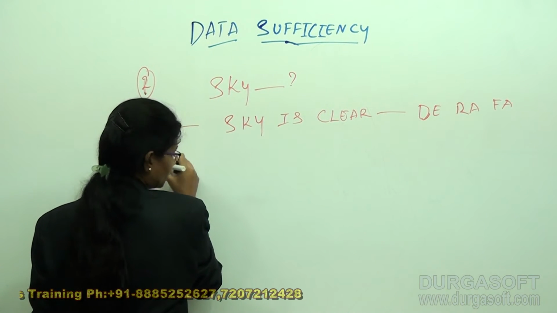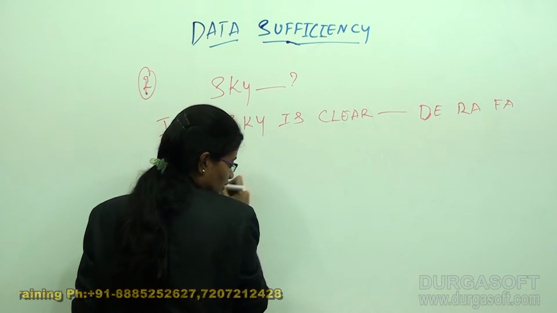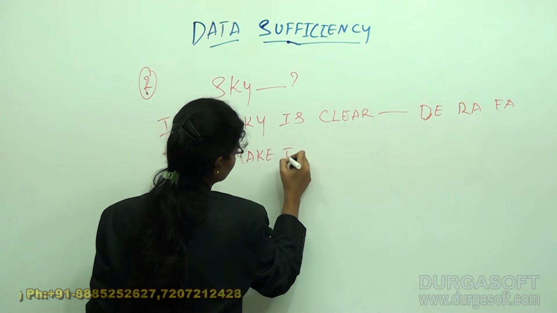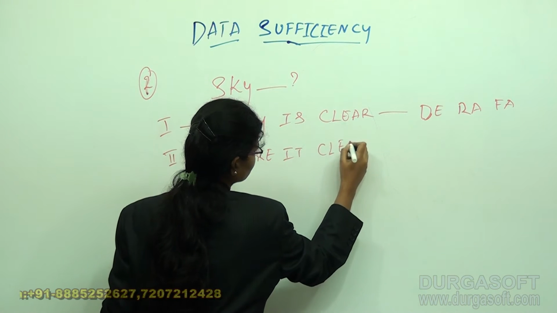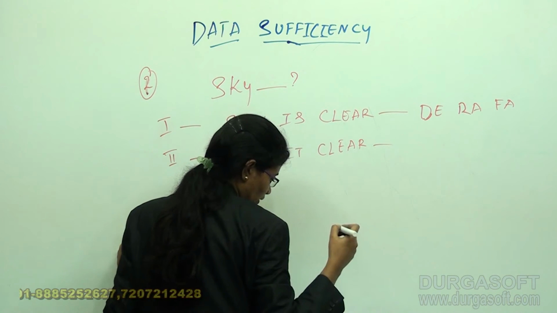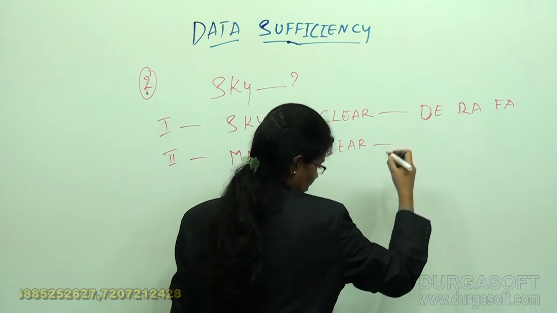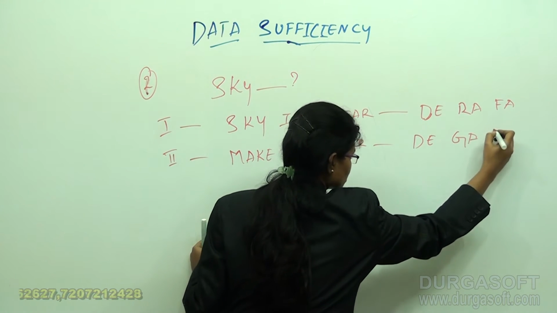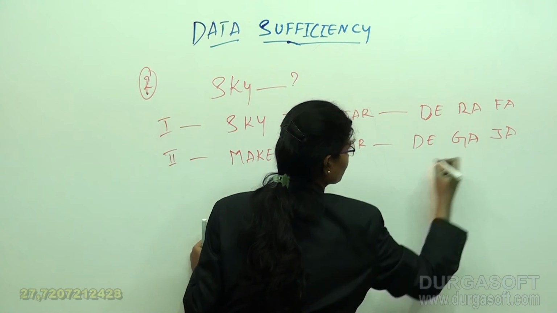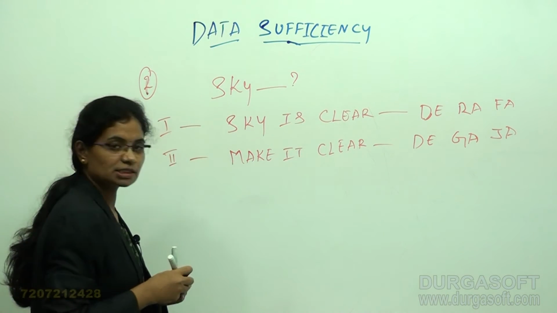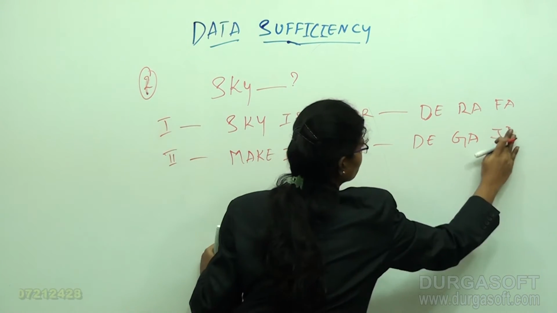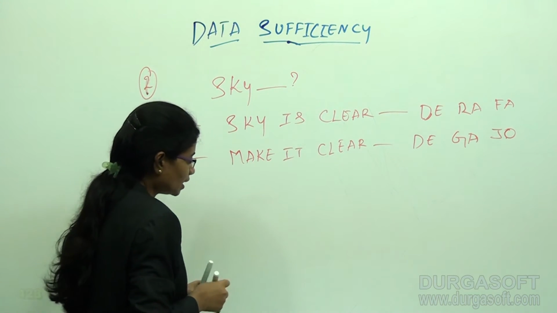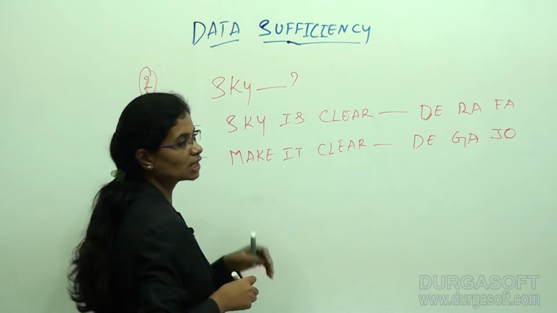And the second statement is "make it clear" is coded as DEGAJA. Right? These are the options we got. So from this, he is asking for the code for sky.